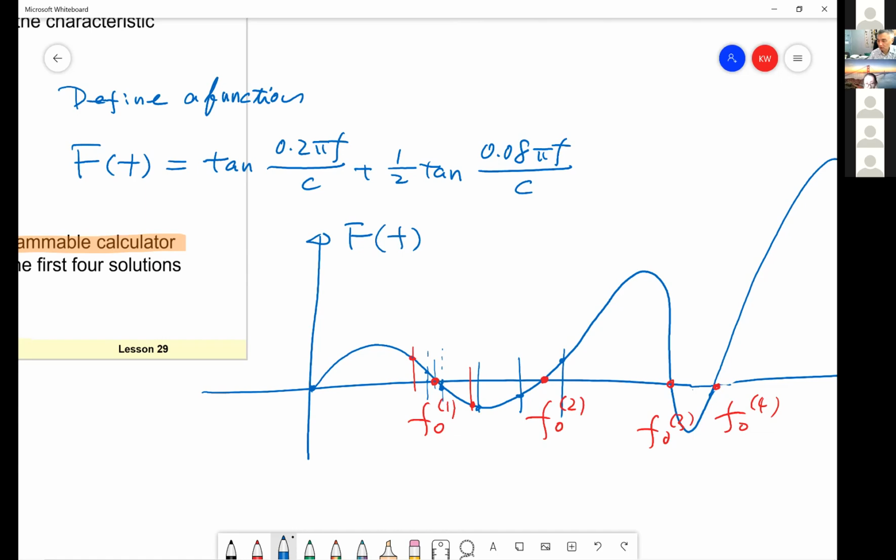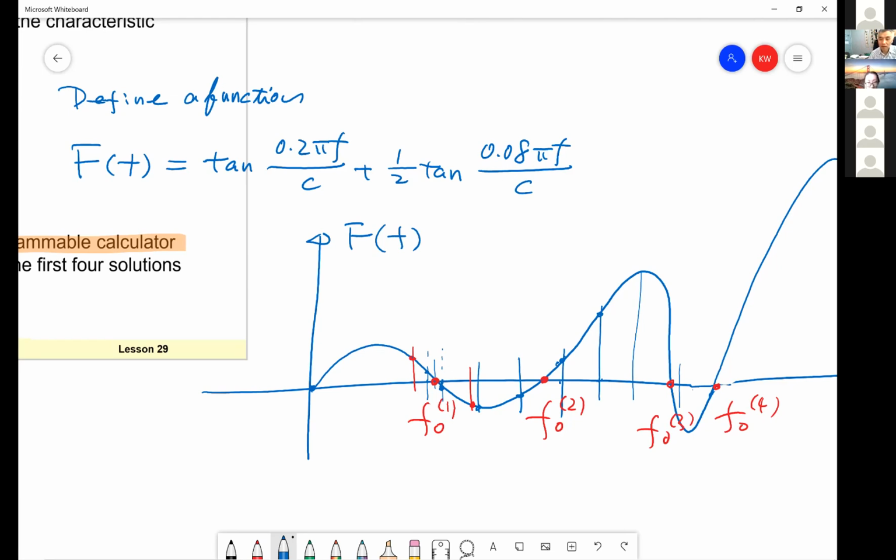Then you check, oh, these two functions have opposite signs, then you have a solution, and so on, right? If you find another interval and both functions have the same sign, you don't have a solution. So using the bisection method, you can solve this.